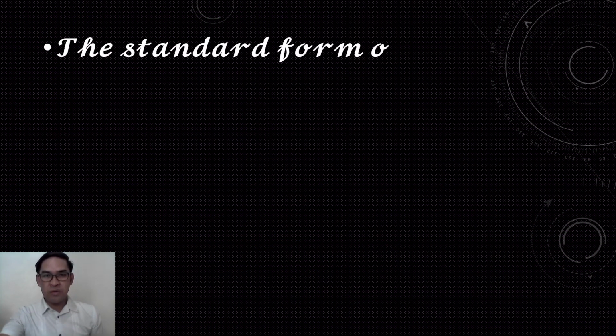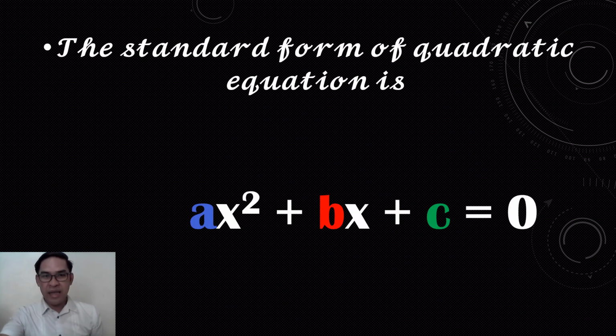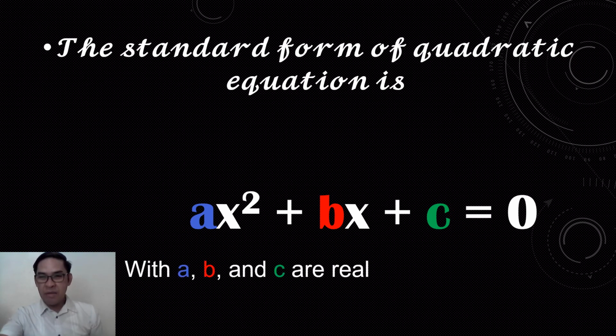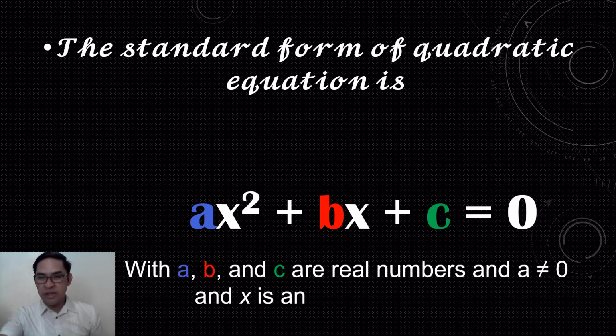So furthermore, the standard form of a quadratic equation is ax squared plus bx plus c is equal to 0, wherein a, b, and c are real numbers, a should not be equal to 0, and x is an unknown variable.